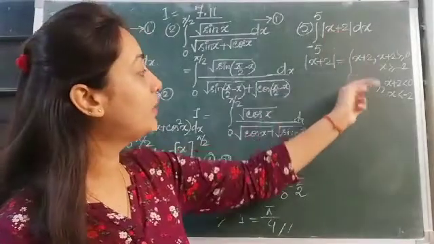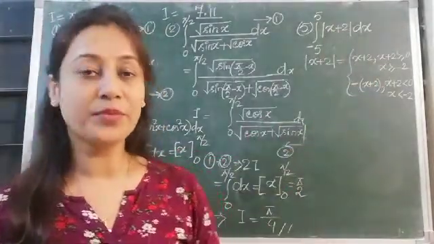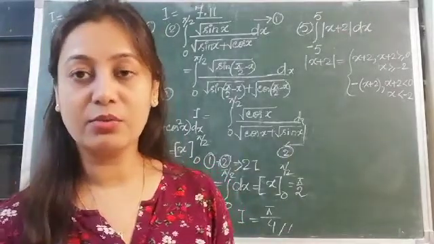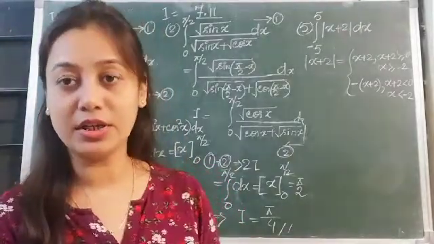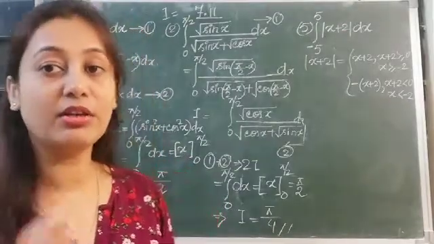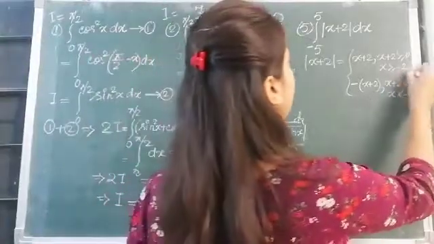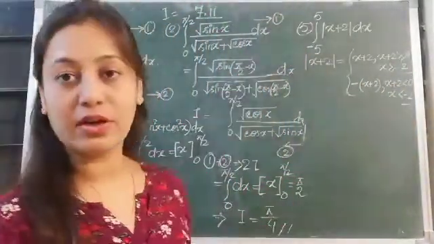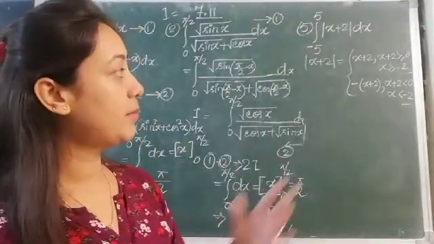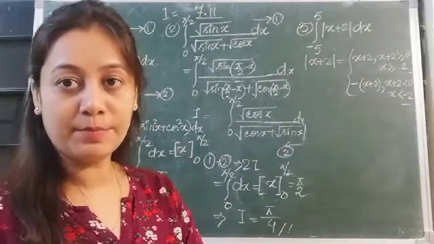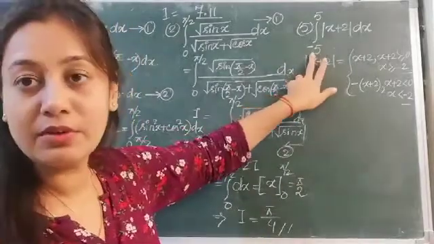Now this function is divided into two values. Now how will you write that? So one property I have given, integration of a to b f(x) dx is equal to integration of a to c f(x) dx plus c to b f(x) dx, where the value of c will be equal to what? Minus 2 here. So the integral from minus 5 to 5, that is the lower limit and upper limit, will be divided into two parts, that is a to c, c to b, where a is equal to minus 5.